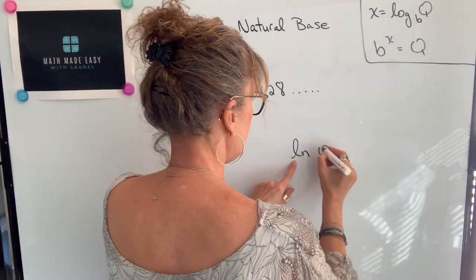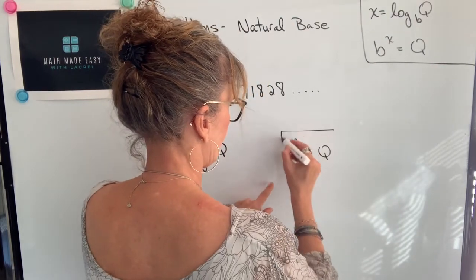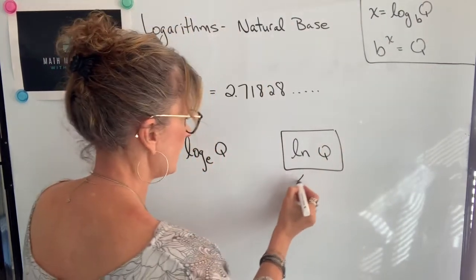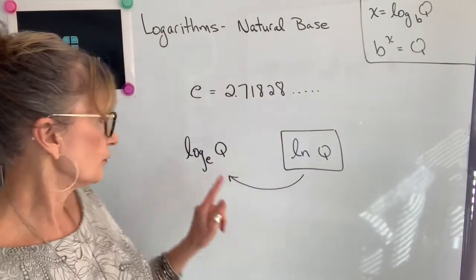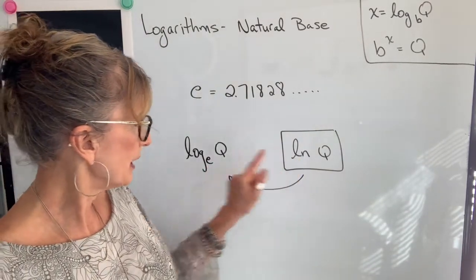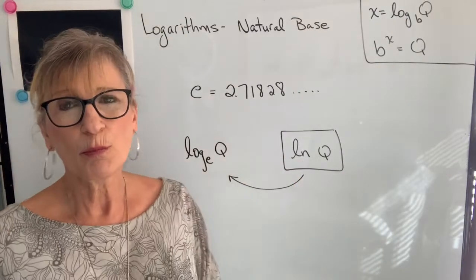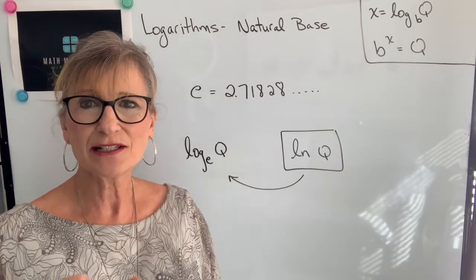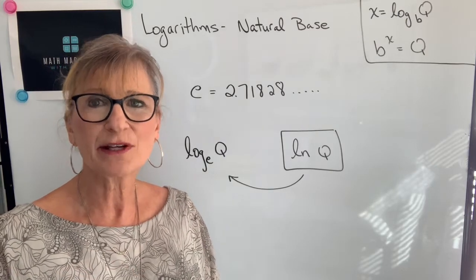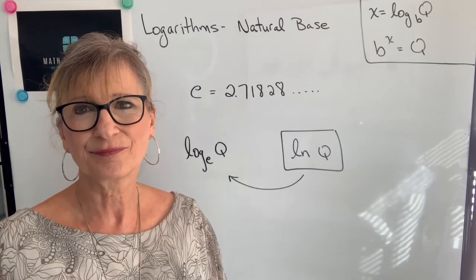When you see this, understand that this is what it means. We just don't write the word log and base e. We replace this with ln, but we understand that it means log base e, just like when we say log written without a base, we understand it means base 10.